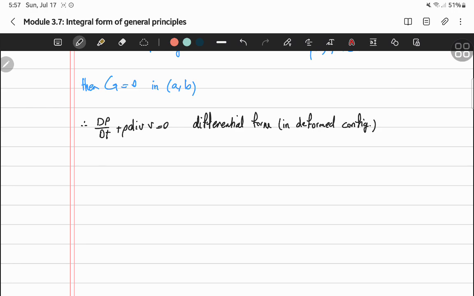So we can also write this in the partial differential form, or maybe it's better to write this in the material derivative format.